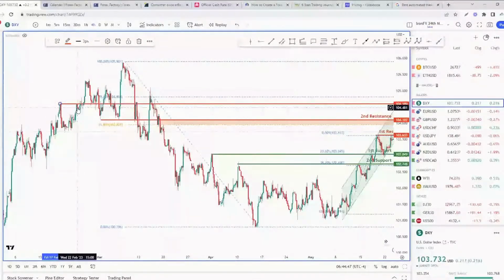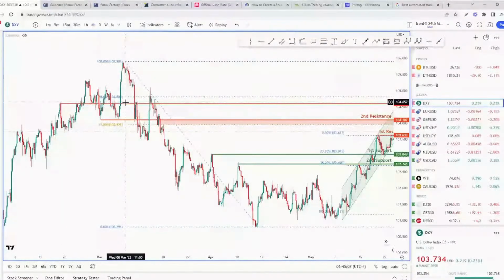It got rejected here on 22nd of Feb as well, but then it finally broke through, acted as a support towards the end of February, broke through, acted as a resistance. So you can see at various points across this level of 104.60, this horizontal overlap has acted as a relatively decent area of support, a combination of support and resistance.